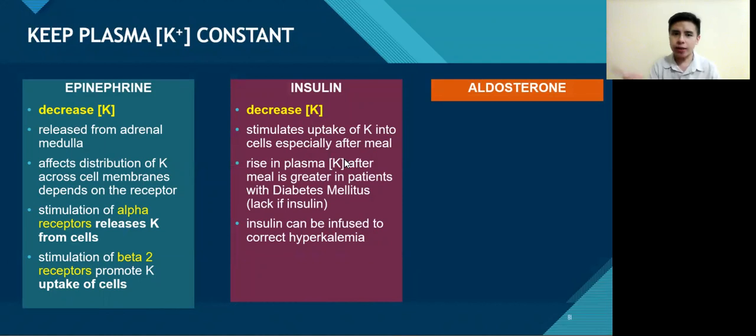Patients with type 2 diabetes don't have enough insulin, so one of their complications is that they can be at risk of hyperkalemia, or high potassium level. Again, anything in excess or too low is a dangerous path for us.